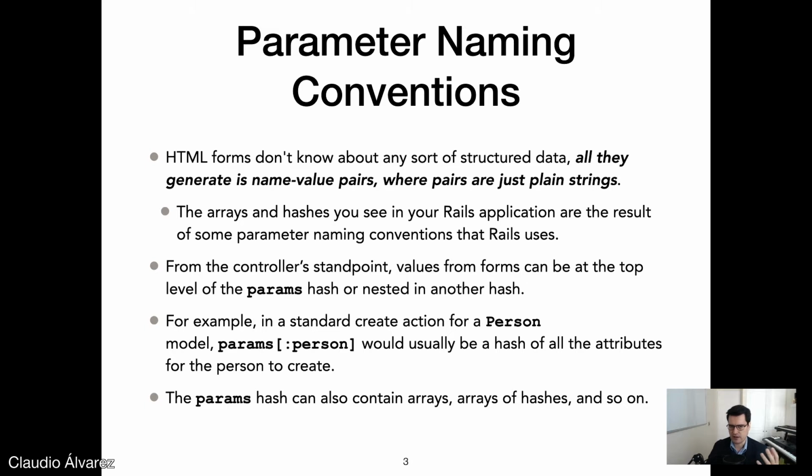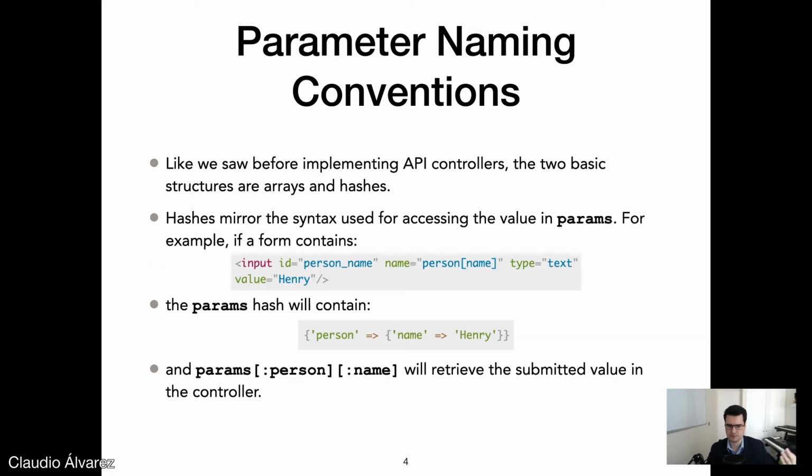The fact that the controller action receives the parameters in a sort of complex aggregate hash form is due to naming conventions that are applied to the form fields. We will see how these naming conventions work in such a way that you transparently obtain all the parameters you need to create some model instance and store it in the database.